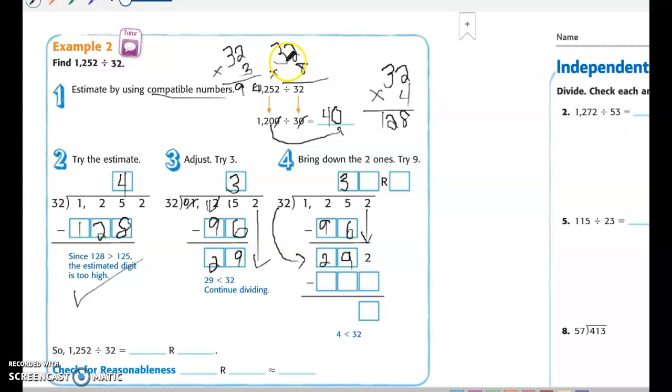So what is 8 times 2? 16. And 3 times 8 is 24.